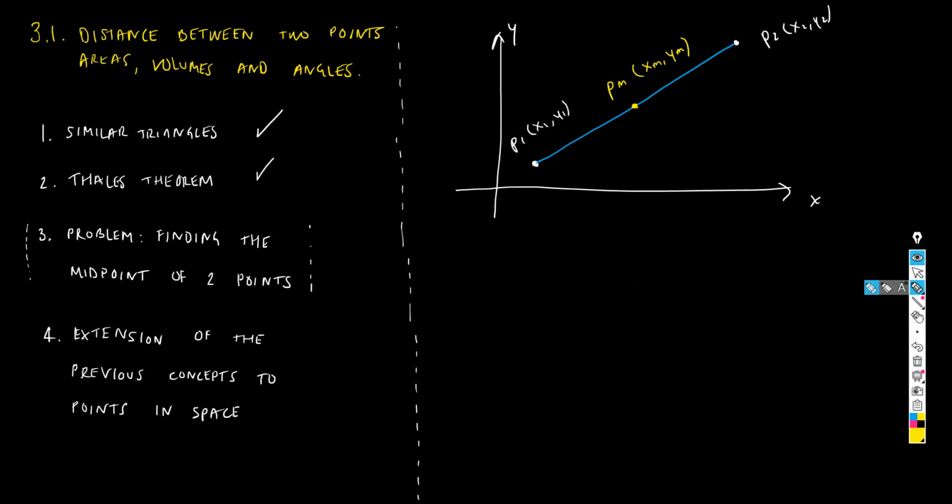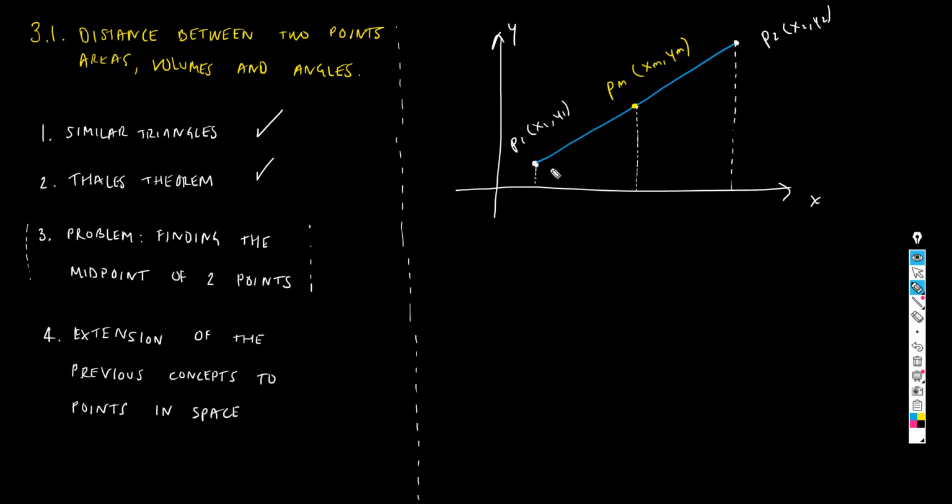How do we do it? We're going to do something similar to yesterday in the class before, in which we drew some parallel lines. This is parallel to the y-axis, and this one is also parallel to the y-axis. Or you can say that these 2 are perpendicular to the x-axis. Both things are the same. I'm also going to drop a perpendicular to the x-axis from this point. Perfect.